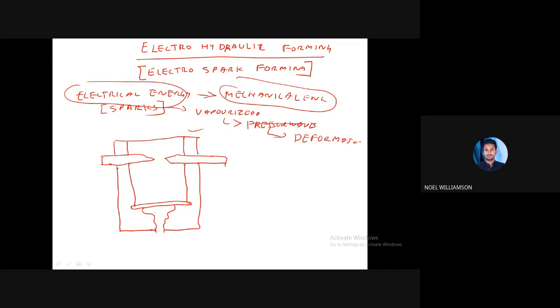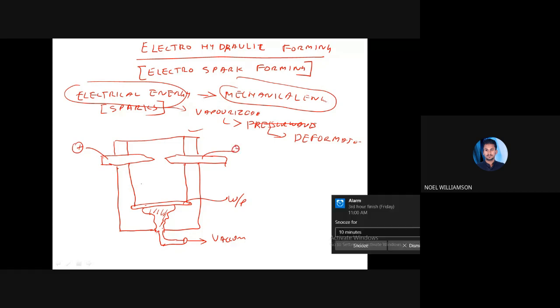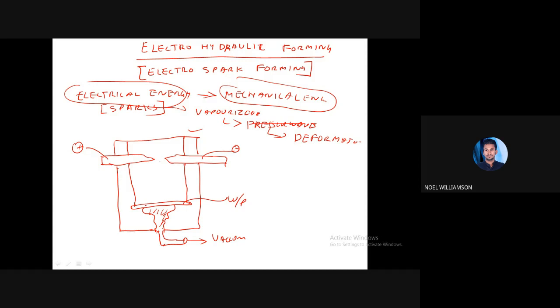Suppose you have a die like this. Here you can use a vacuum, so this portion will be vacuum. This is the workpiece, and you can see two electrodes. Inside that, the spark is being generated. So here you have the medium.